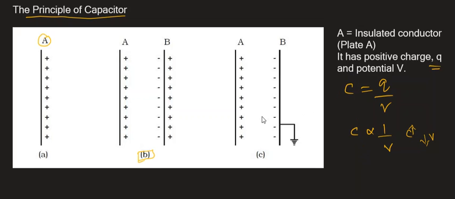So when plate B is earthed, the positive charges get neutralized, the potential of A decreases further, and thereby the capacitance of A is considerably increased. This capacitance generally depends on the geometry of the conductor and also the nature of the medium. A capacitor is a device that stores electric charges, which we have already seen.